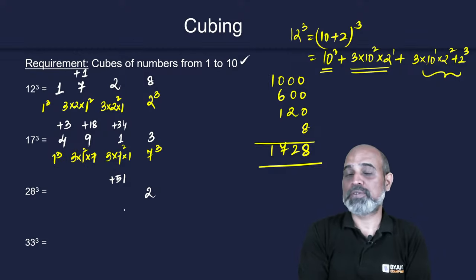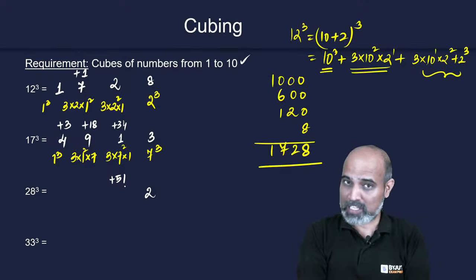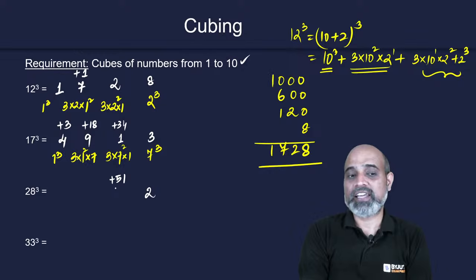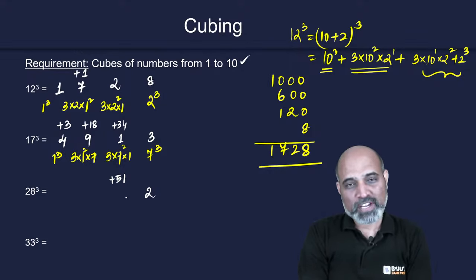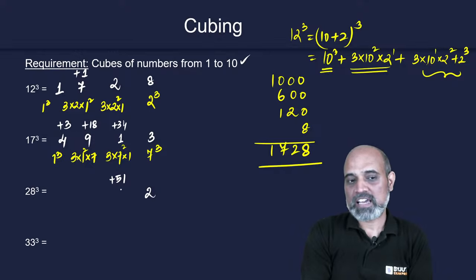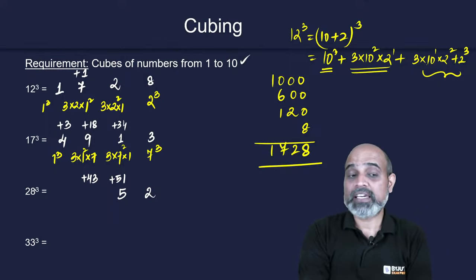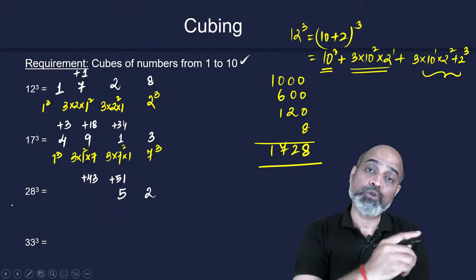384 plus 51. So 384 plus 1 is 385. 385 plus 50 is going to give us 435. 435 में से again you can write only 5. 43 is still carried forward. Next will be 3 into 8 into 2 square.